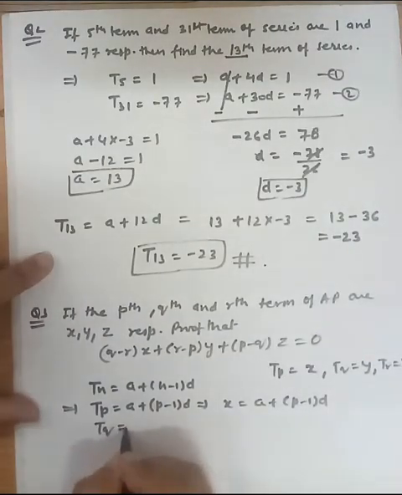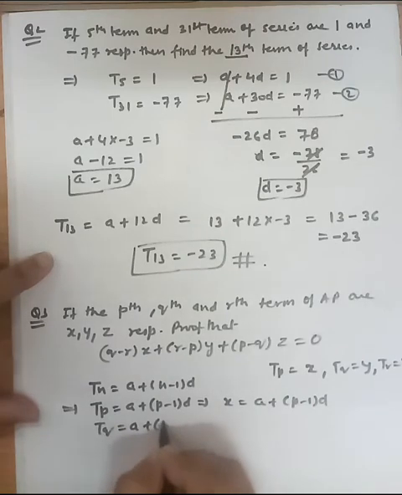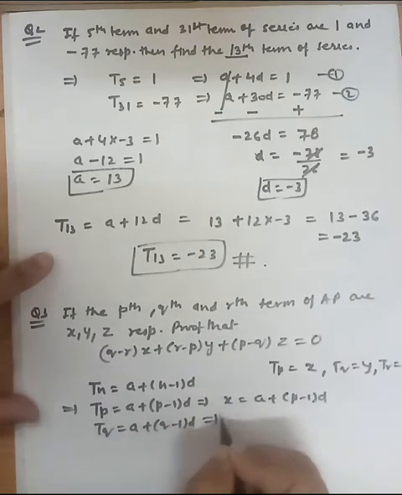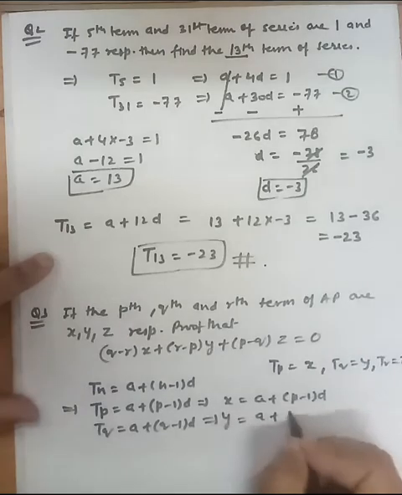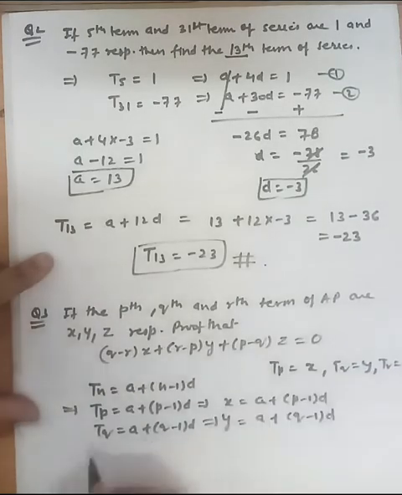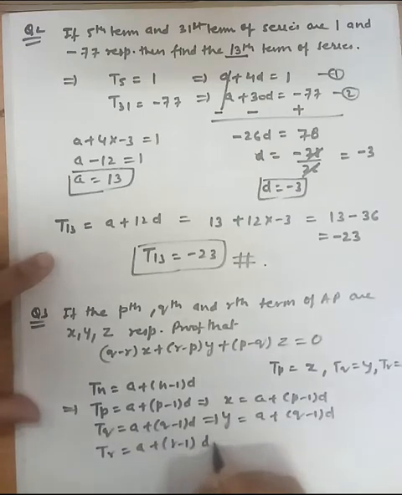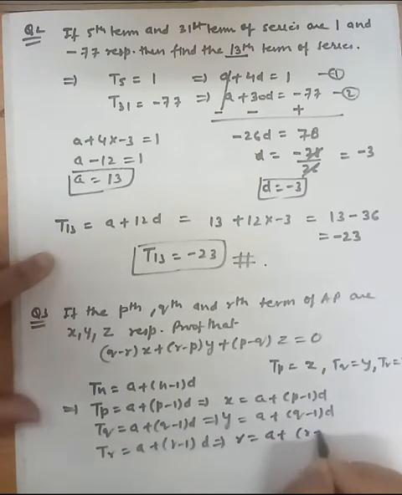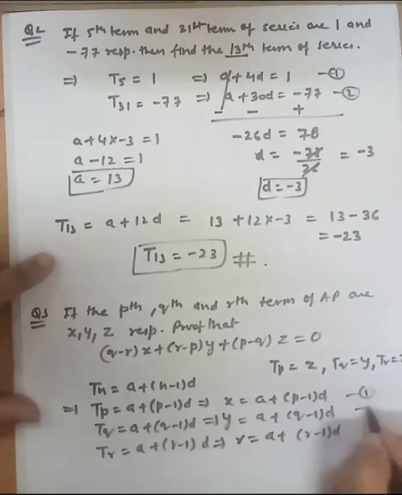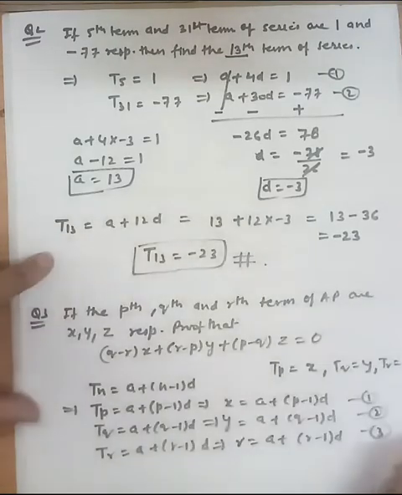Again for q: y equals a plus (q minus 1)d, and Tr: z equals a plus (r minus 1)d. Now we get three equations: 1, 2, 3.